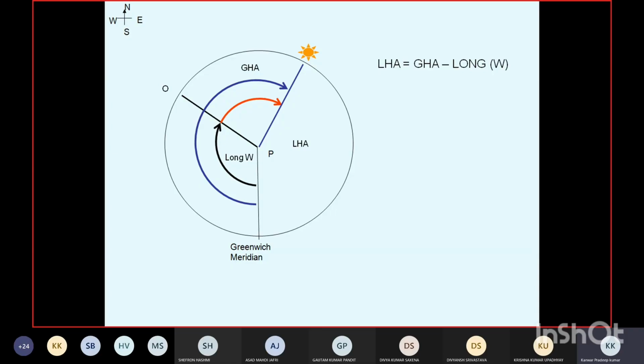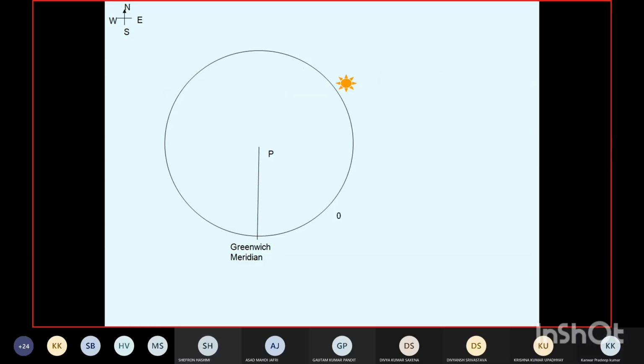But the observer may not be in the west longitude always. He may also be in the east longitude. Then what? We will add the longitude. Yes, we have an observer in the east longitude now. Let us see how the formula will work out.